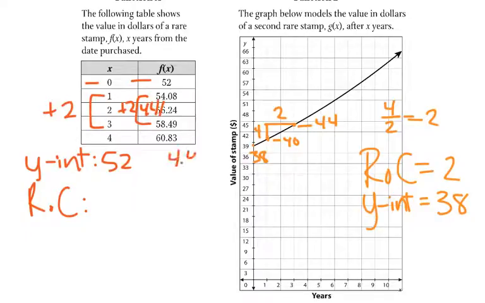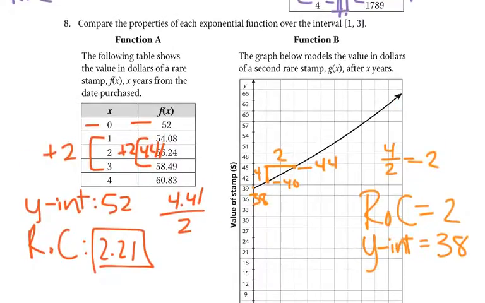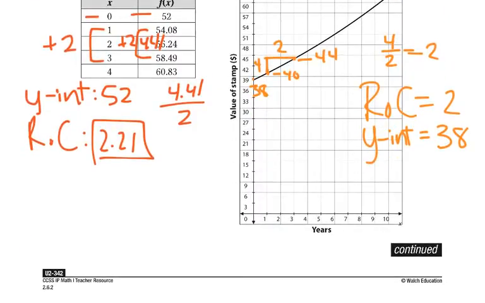So 4.41 divided by 2 gives us 2.21. So it's growing by $2.21. So more expensive, and every year growing more. So hopefully you have stamp A, not stamp B.